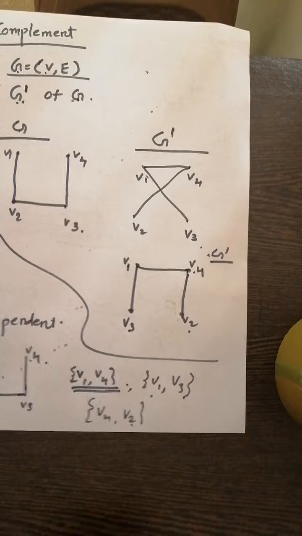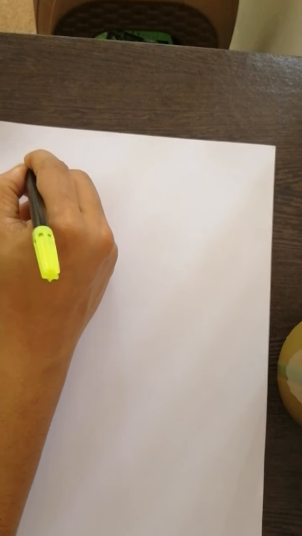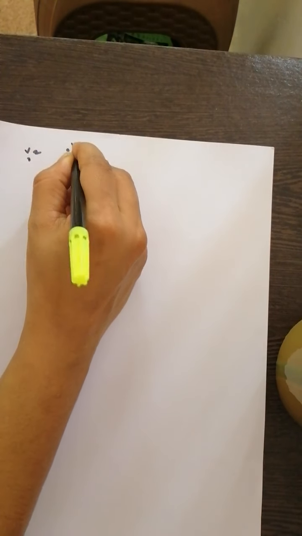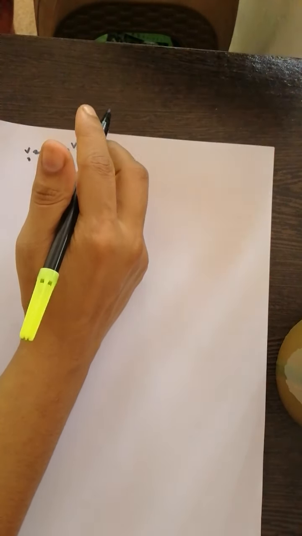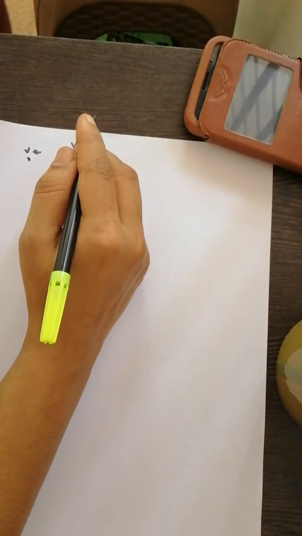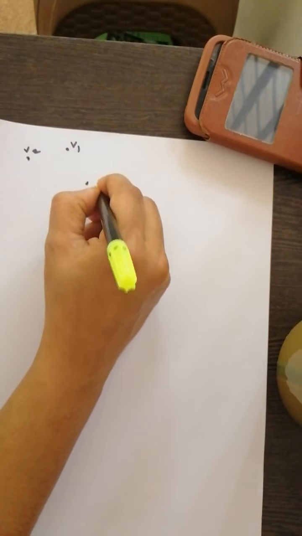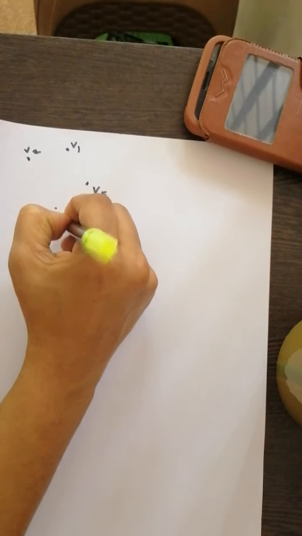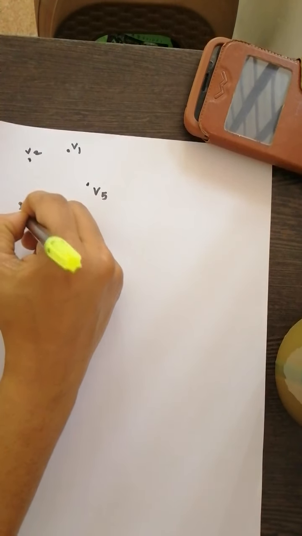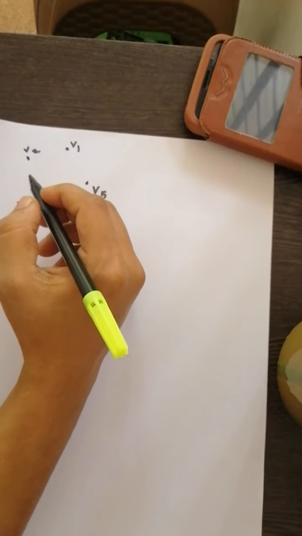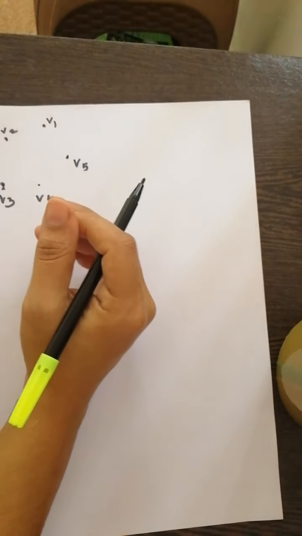For another example, consider this one: v2, v1, then v5, v4, v3. Join the points.